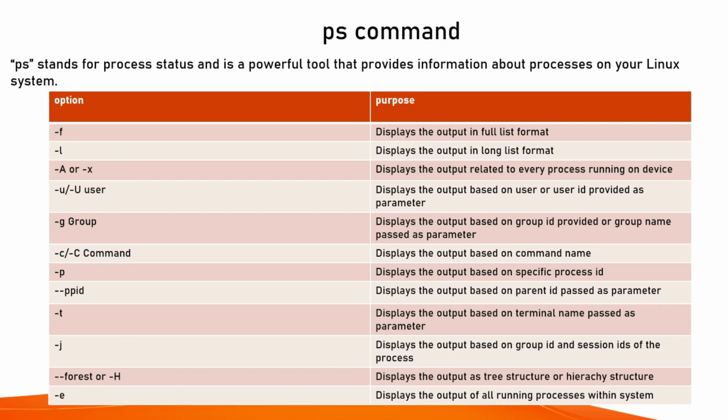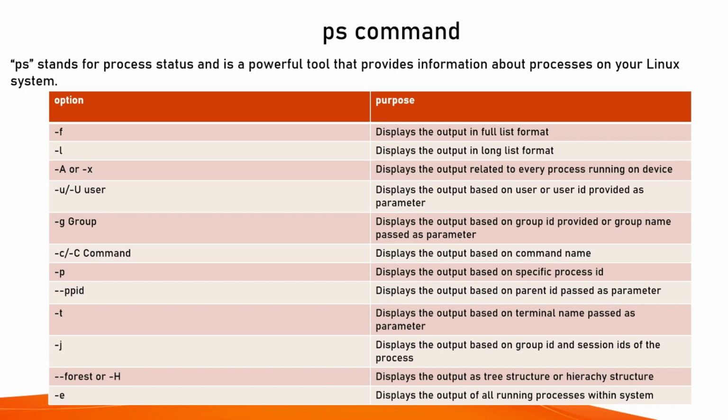So, the first command is the ps command, and as the name suggests, it stands for process status and is a powerful tool that provides information about processes on your Linux system. In the Linux environment, everything is considered a process, be it a shell script execution or a command execution.